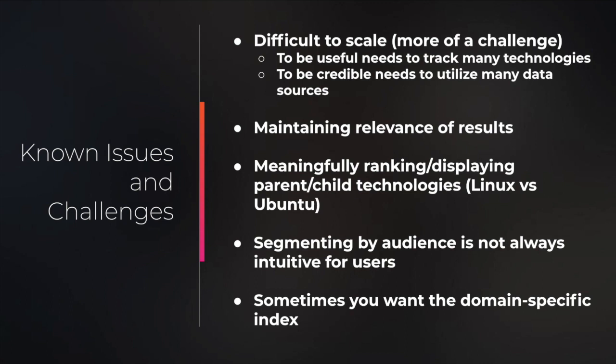But we do need to add a lot of technologies in order to make sure that it is useful. If we're not tracking an adequate representation of the technology landscape, then it limits its usefulness. And also, in order to be credible, it needs to utilize as many data sources as possible.